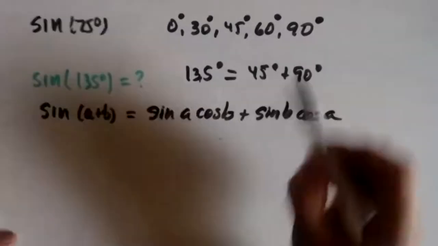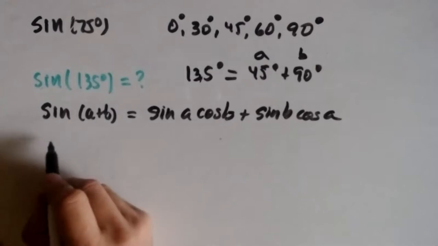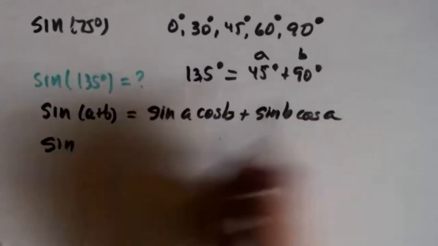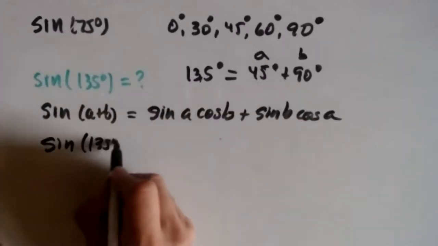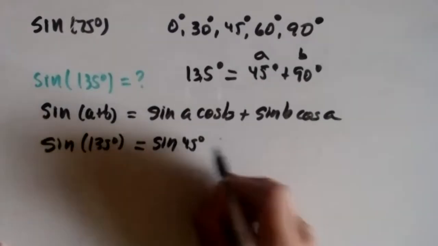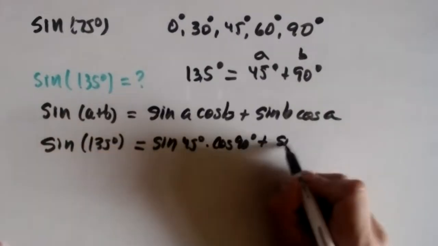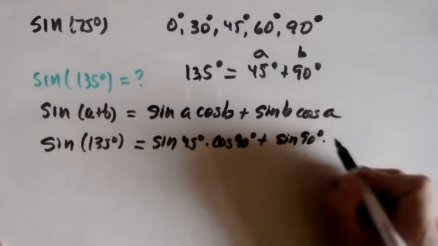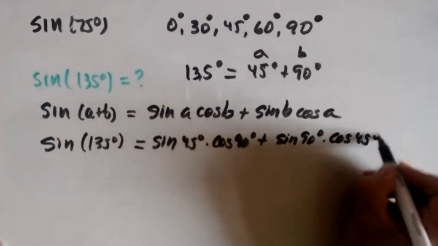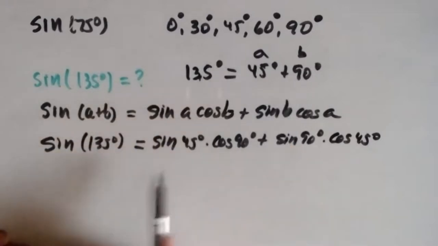So I'm going to identify again A and B. So sine of A plus B, 135, is the sine of 45 times the cosine of 90 plus the sine of 90 times the cosine of 45. It's very simple, right? With this formula, I use these portions, I know, and I get my answer.